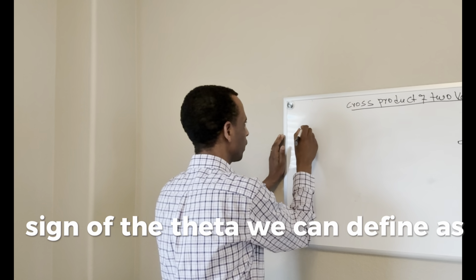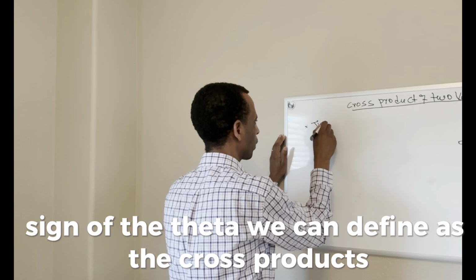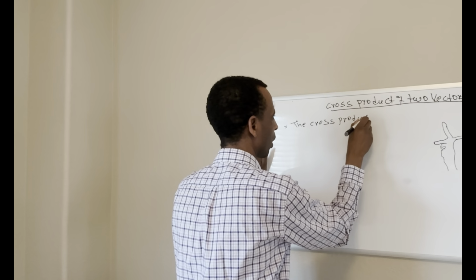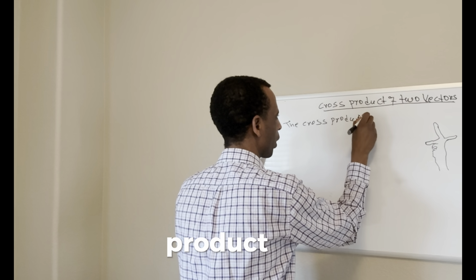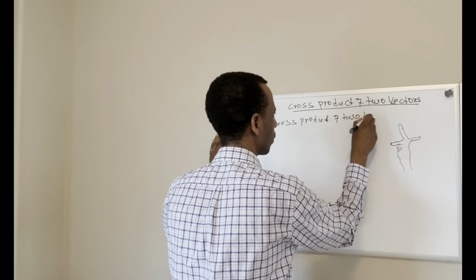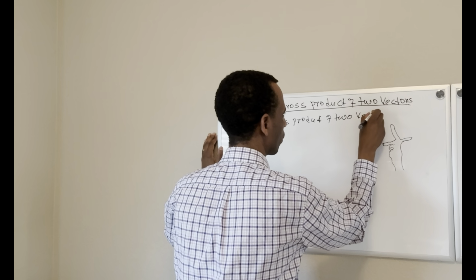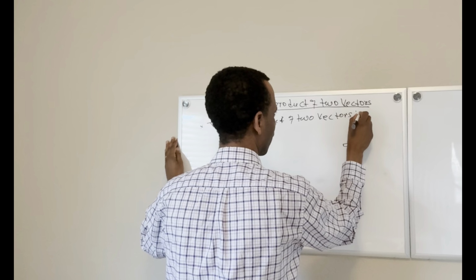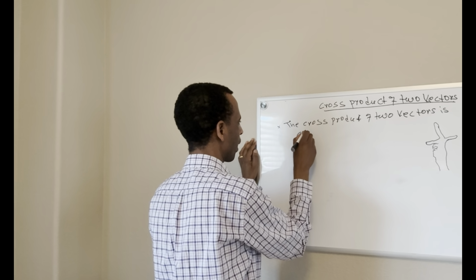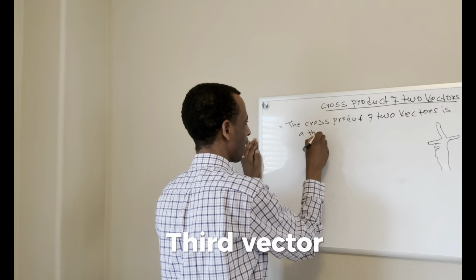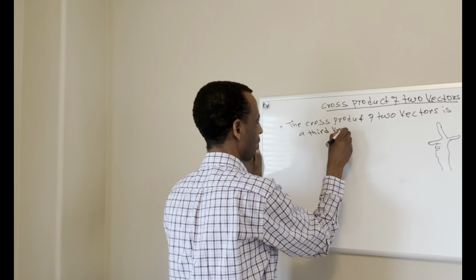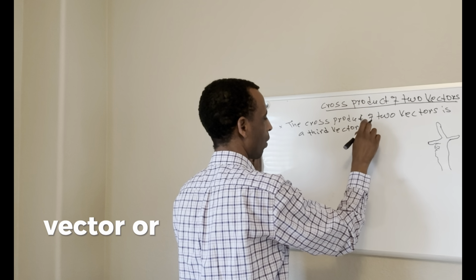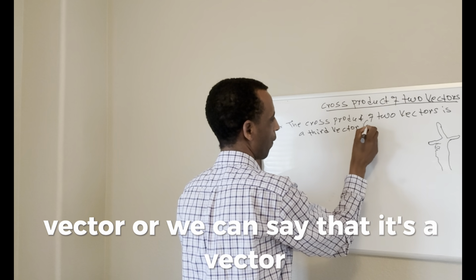We can define the cross product of two vectors as a third vector, or we can simply say that it is a vector.